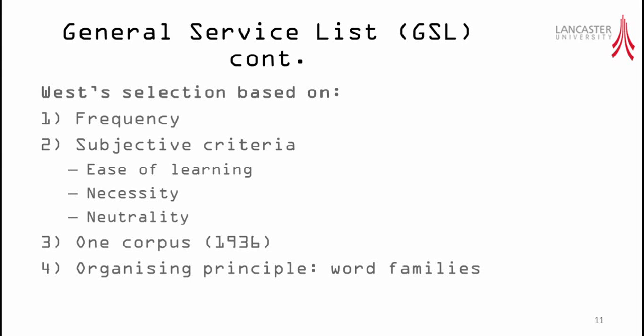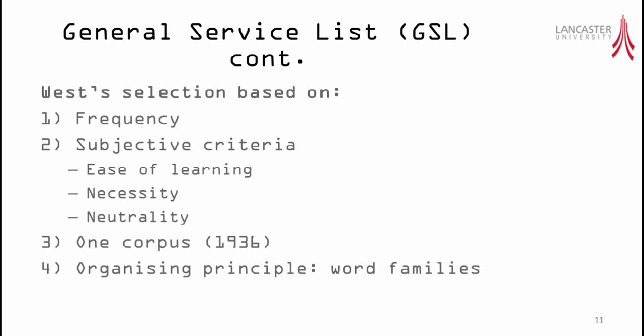West used a corpus of 2.5 million to 5 million words, which is comparably smaller than the corpora that we have available nowadays. And the organizing principle I already mentioned was the word families, words that were or are morphologically related.